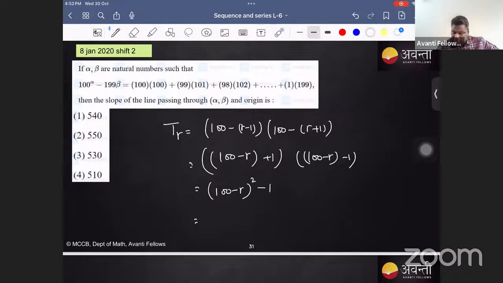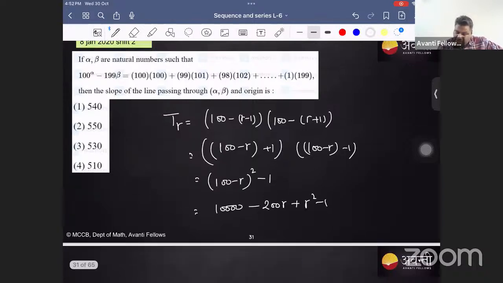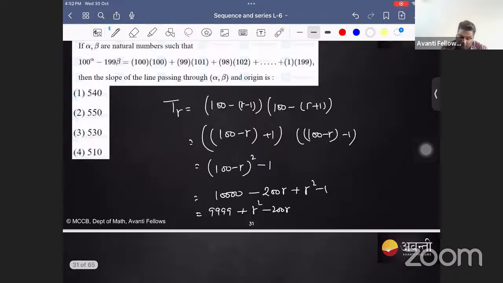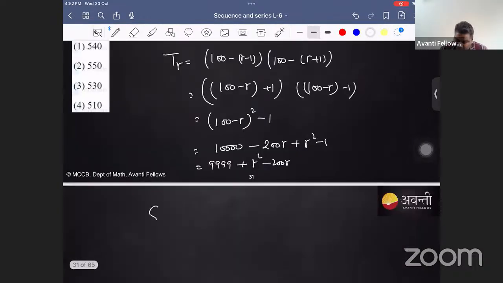So this will be what? 10,000 minus 200r plus r square minus 1. So it is 9999 plus r square minus 200r. This is your Tr. Got it? Now, the sum of the series will be what?